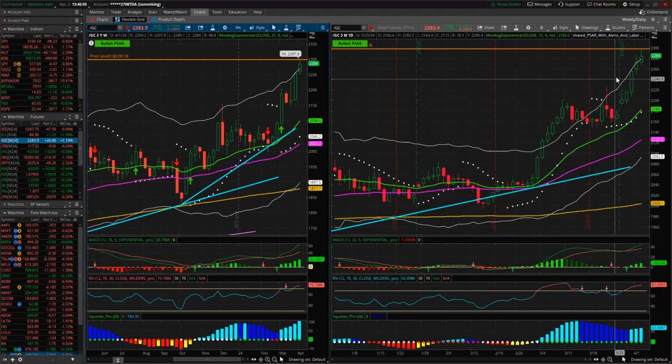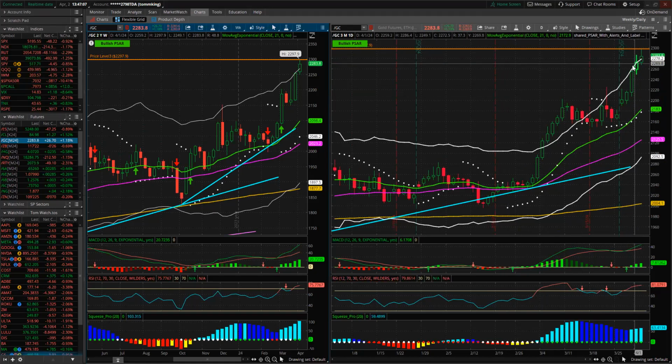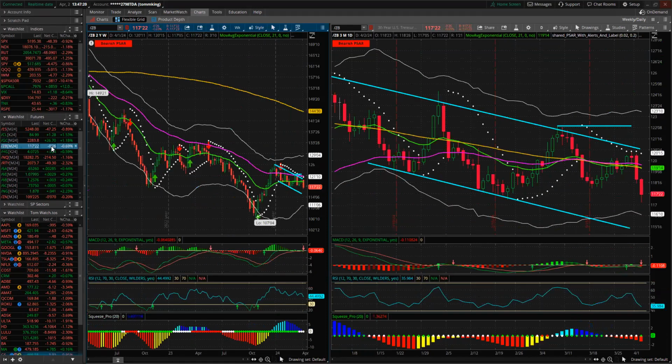Maybe I would consider, I don't want to get in the way of this runaway freight train, but at some point, maybe you pop a call credit spread up here above this 3 ATR. This is as far above the 3 ATR lines as we've been, but it's rising. I've got to wait to see if this candle turns into a reversal. So we're just sitting there hanging out, nothing to do.